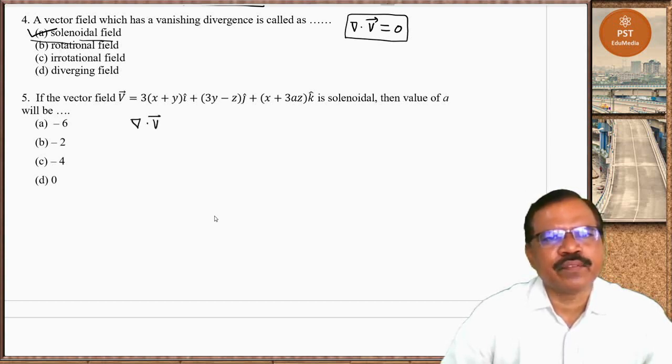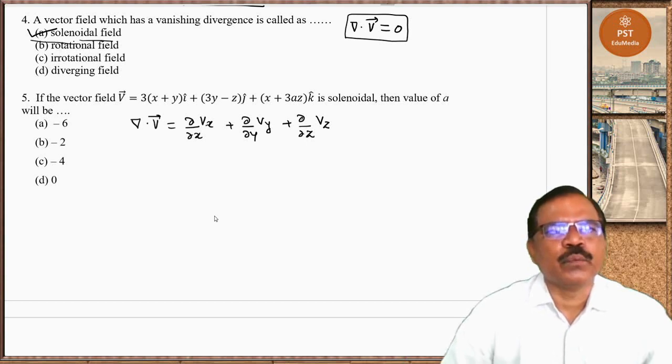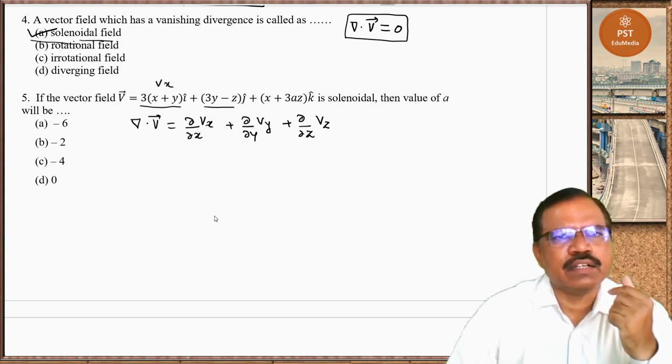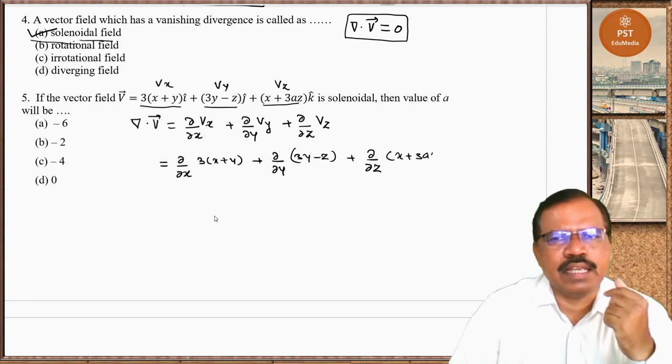So del dot V is del by del x of 3x plus y, plus del by del y of 3y minus z, plus del by del z of x plus 3az. So Vx, Vy, Vz, these are components.